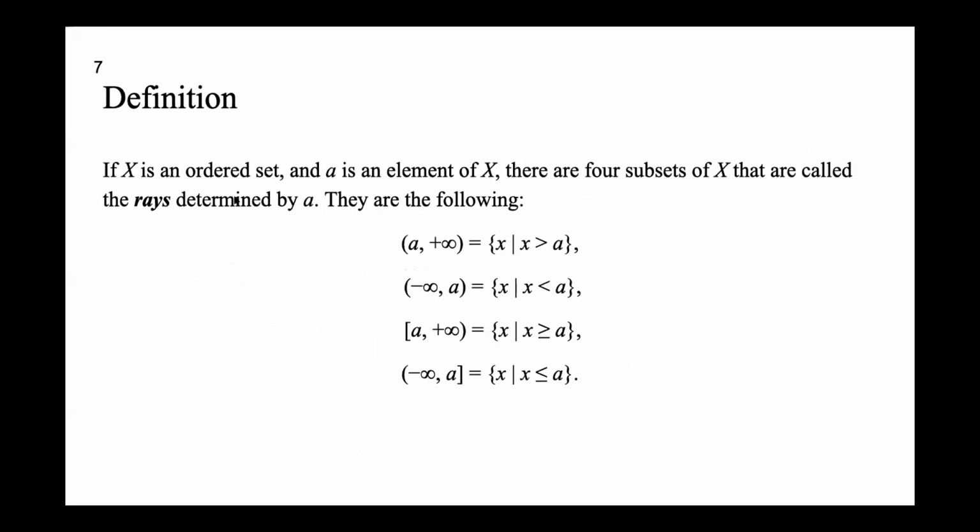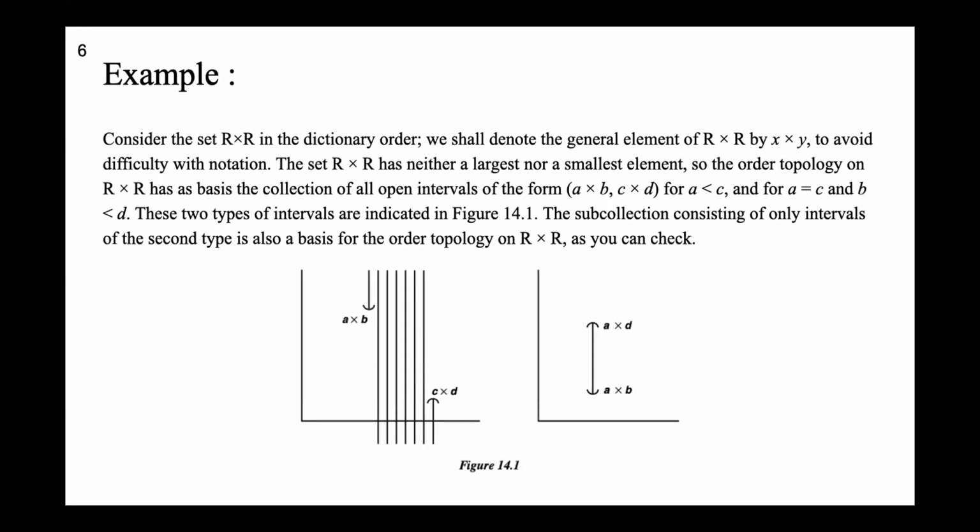So let's go back to X, that is an ordered set. Wait a moment. Sorry, Othmane. Could you provide us maybe more examples about this kind of ordered topology? Like the easiest simply ordered set should be R, right? Instead of R cross R, R is easier. Yeah, okay.